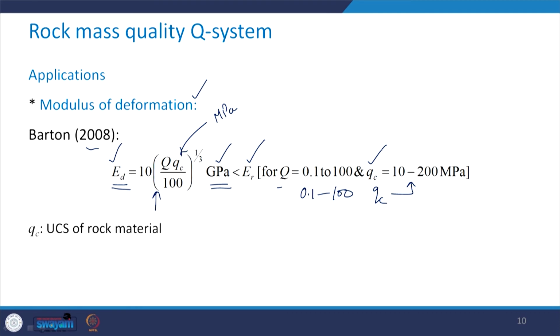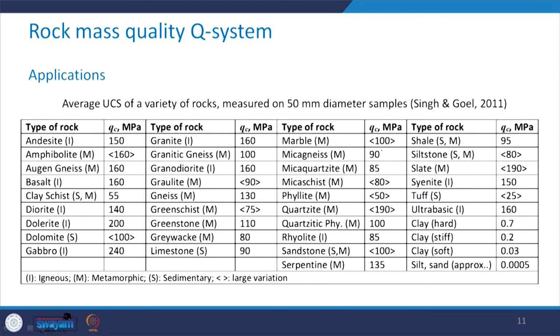For your ready reference, I have presented the typical values of the UCS for different types of rock in this slide. So, you can see that the first column gives you the idea about the type of the rock, and the column adjacent to that gives the typical values of the UCS in megapascal.